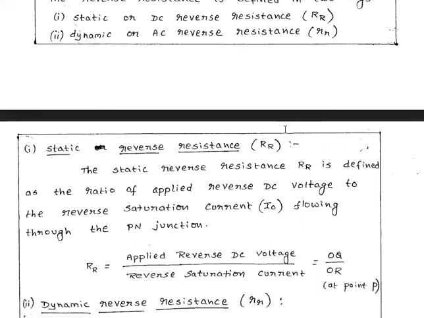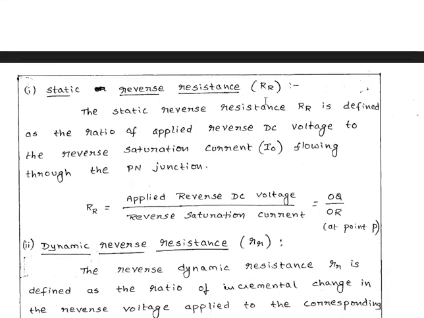Capital RR, small rr. Capital RR, that is static or DC reverse resistance, is defined as the ratio of applied DC voltage to reverse saturation current. In reverse bias, I have reverse saturation current. In forward bias, I have forward saturation current.